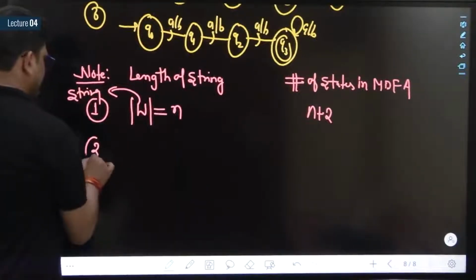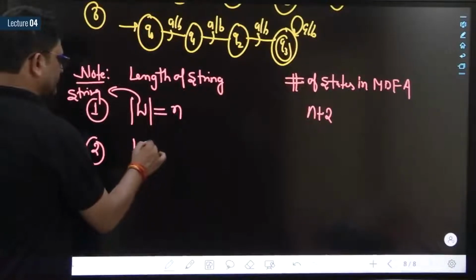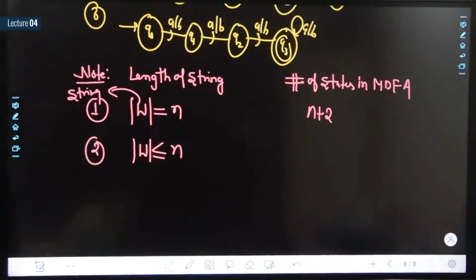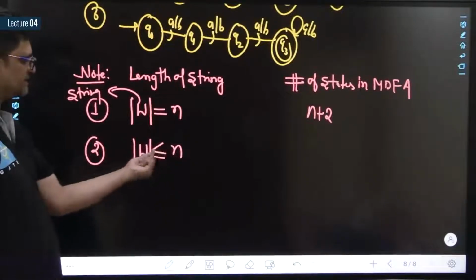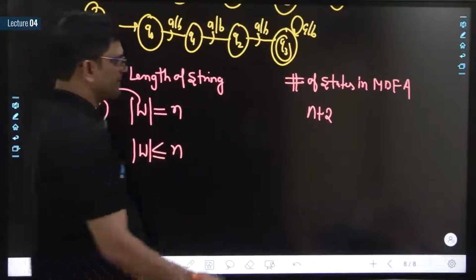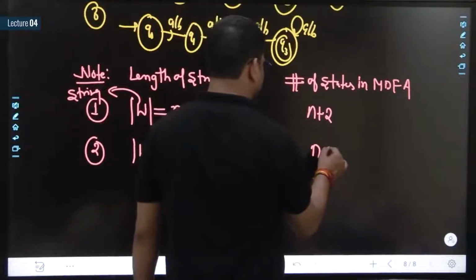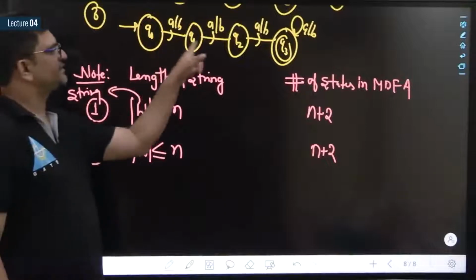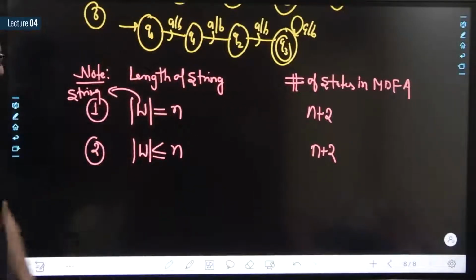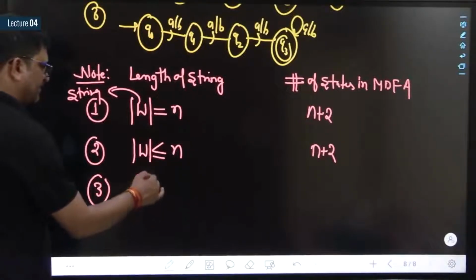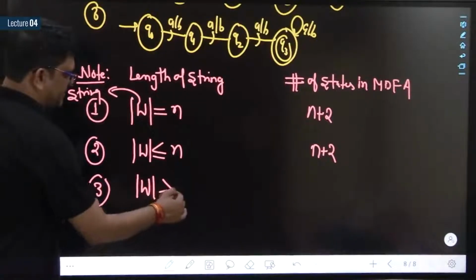Second, at most n. The length of the string is at most n, less than or equal to n. The number of states is n plus 2. In case of at least 3, it is 3 plus 1, 4, so n plus 1. At least 3.